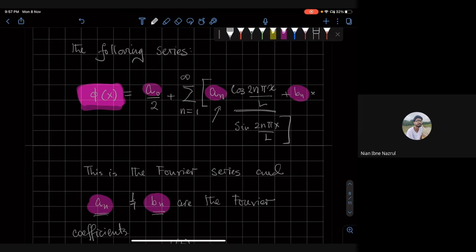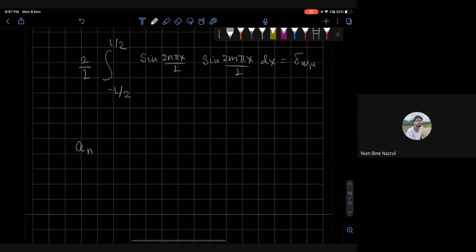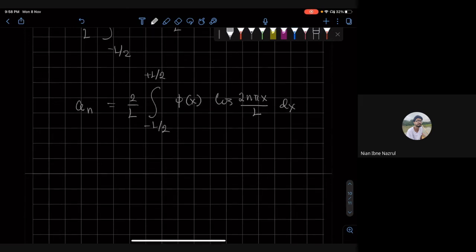So we get the expression that an, this n includes 0, is 2 over L, integral from minus L by 2 to plus L by 2, the function phi of x cosine of 2n pi x over L dx. Okay, so this is the expression for an. Similarly, for bn, we get 2 over L integral of phi of x, instead of cosine, we get sine.